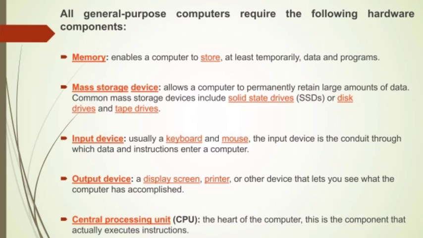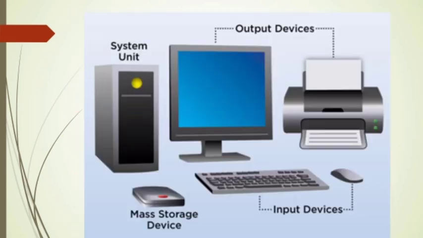Central Processing Unit (CPU). The heart of the computer. This is the component that actually executes instructions. Dear friends, in this slide you can see the components of a computer. On the left hand side there is the CPU. Below the CPU there is a mass storage device.